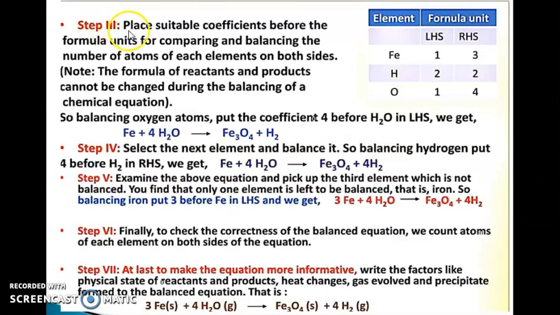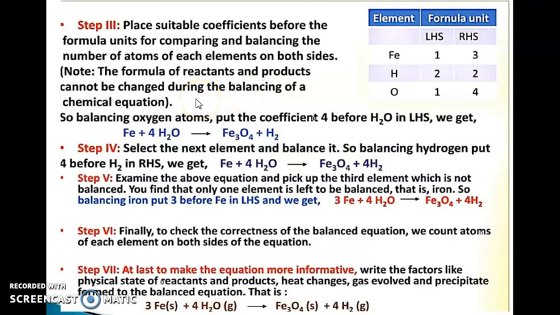In the third step, you have to put a suitable coefficient before the formula unit for comparing and balancing the number of atoms of each element present on both sides. You have to keep that in your mind: the formula of reactants and products cannot be changed during balancing of a chemical equation.